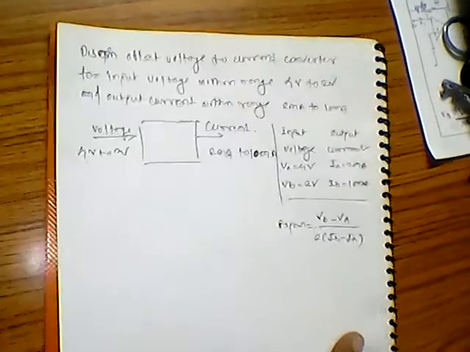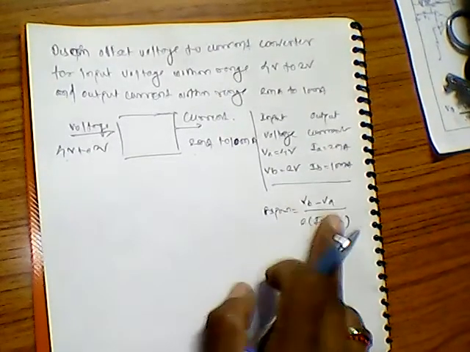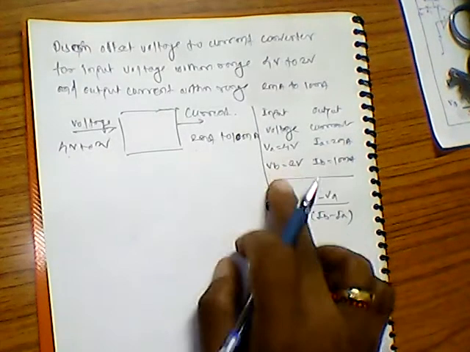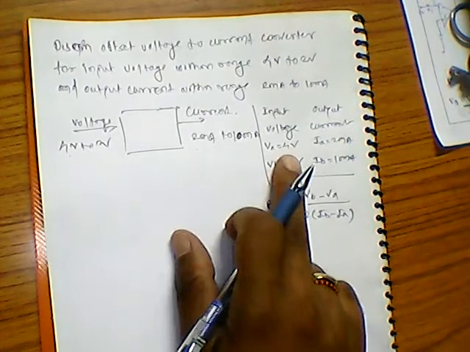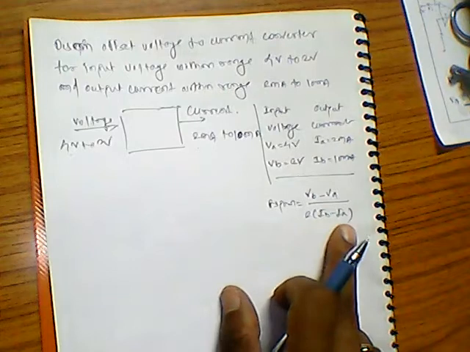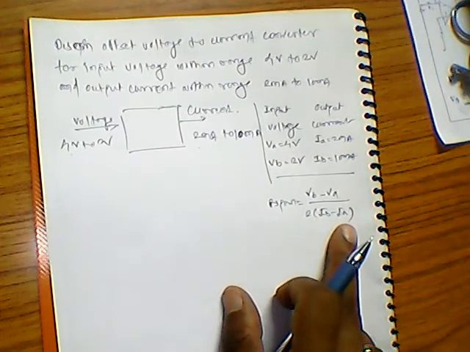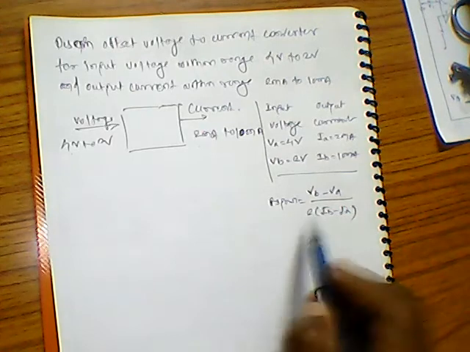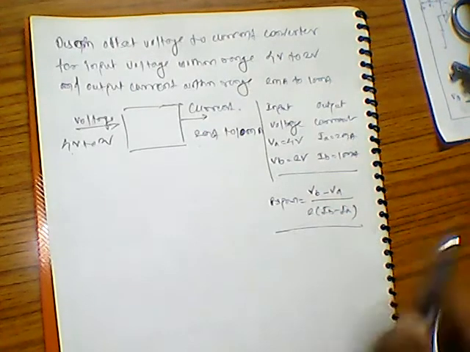With this formula, R span is going to be negative because VB is smaller and VA is larger, IB is larger and IA is smaller. There is no negative resistance existing. R span should be positive.